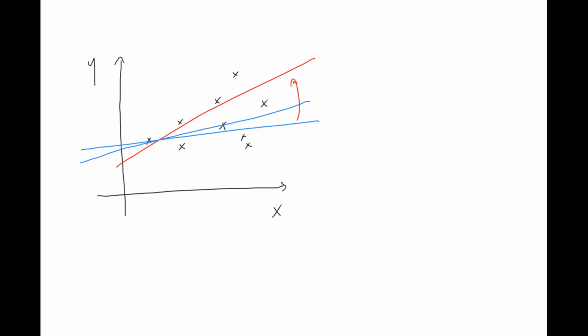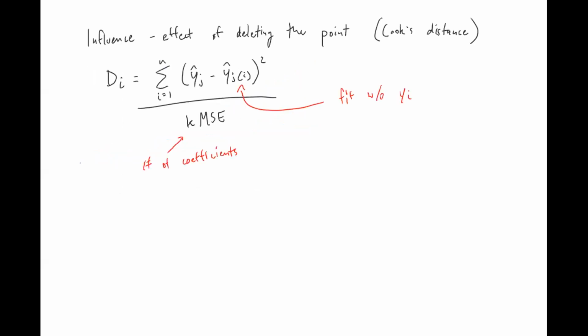If I go back to the equation, if the difference between my y hat j and my y hat j with the point deleted is really large, that term will get very large, and therefore it's saying it has a really large influence. If you delete a point and the line doesn't change very much, then in essence, the point has a small influence.